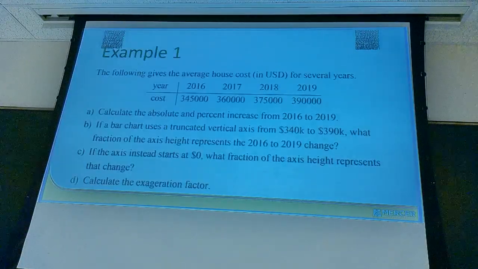Absolute increase is fairly straightforward. What's the house price in 19? What's the house price in 16? Take the difference. So what, 390 minus 345. And quickly, you should be able to do that.